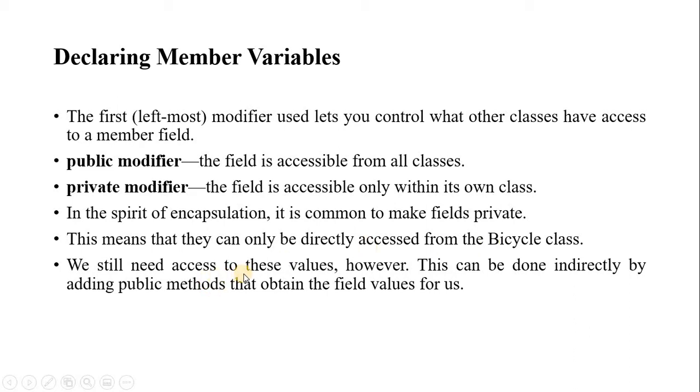But still there is a possibility of accessing these variables through methods. For example, we have public methods which allow us to assign a value, and access those values in other classes through the public methods.